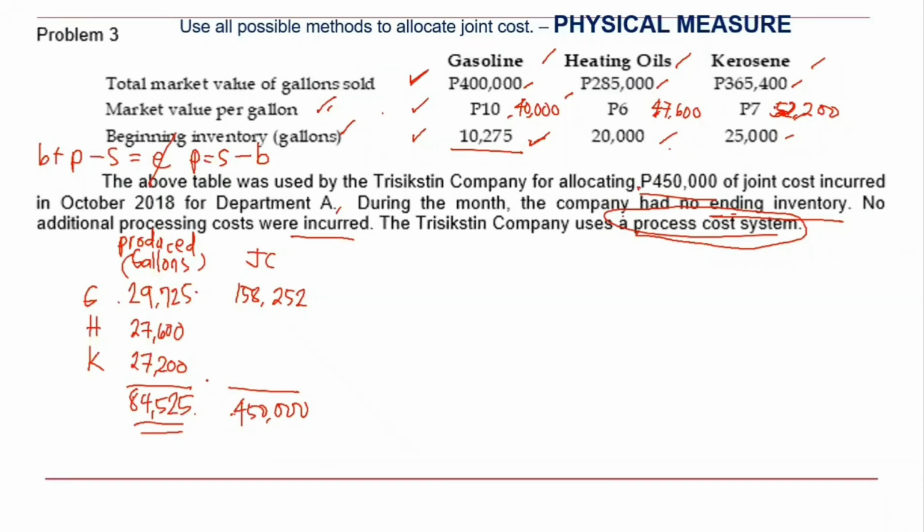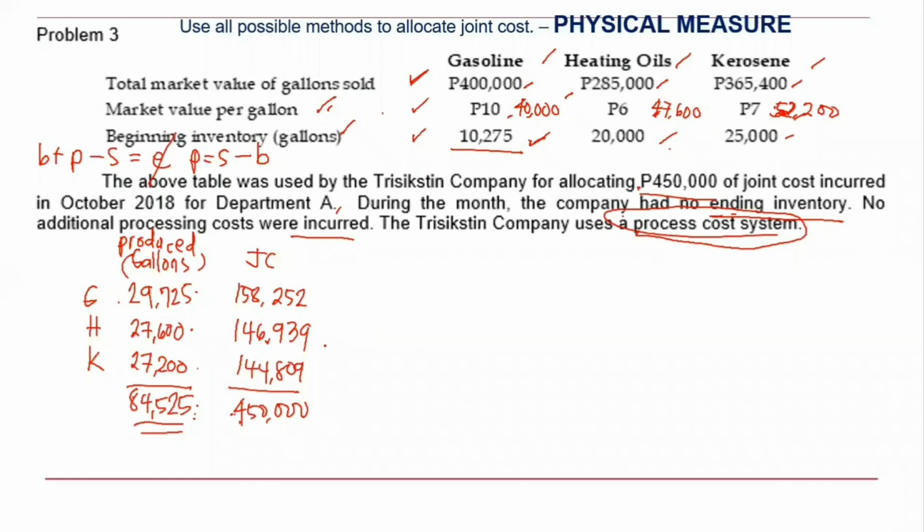And then 450 times 27,600 over 84,525, that would be 146,939. Tapos 450,000 times 27,200 over 84,525, so that would be 144,809. So yan na po yung joint cost natin allocated sa bawat product natin.